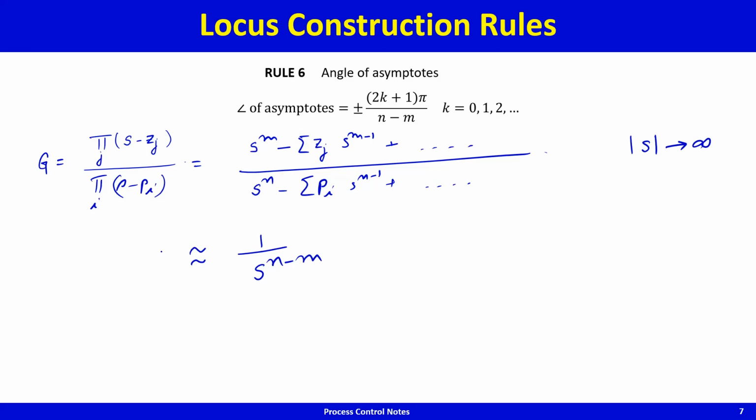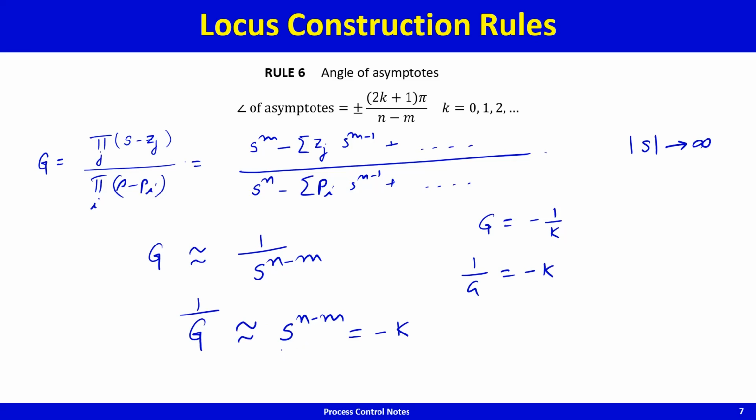And we know that G should be equal to a negative real number, or you can also say 1 by G should be minus K. So s to the power n minus m should be equal to negative K. 1 by G is approximately equal to this.